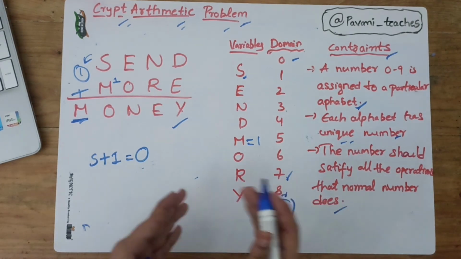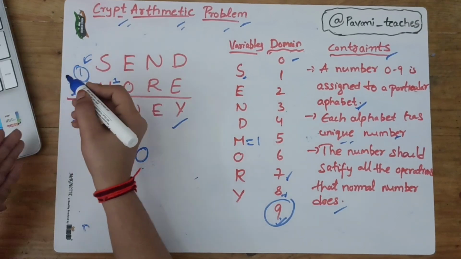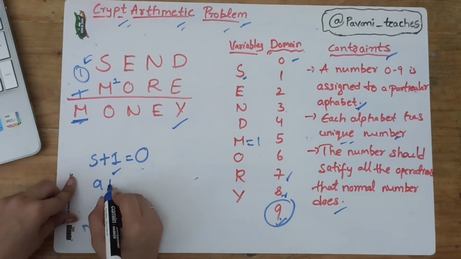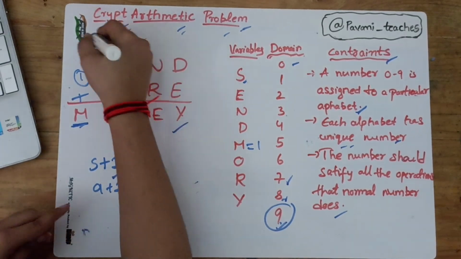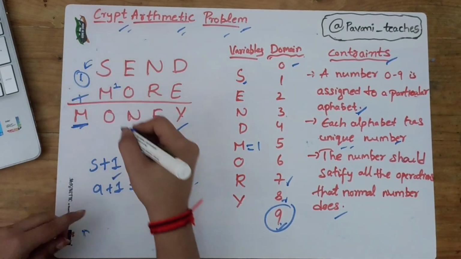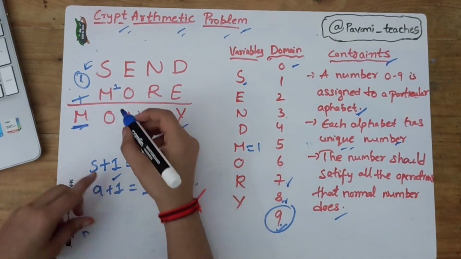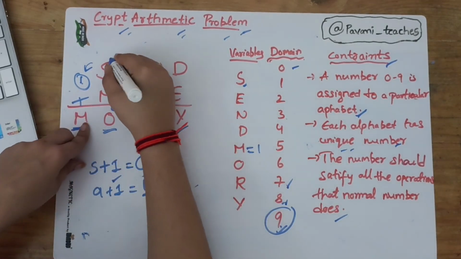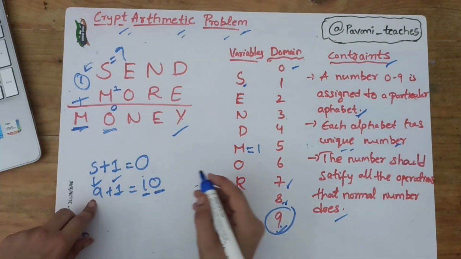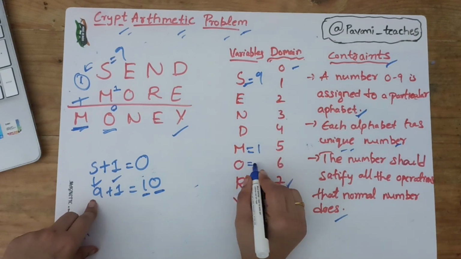Only by adding 9 with 1, we will get a carry of 1. That means 9 plus 1 equal to 10. As we are getting a carry, we write it here and write this 0 to the O. So we got the value of O here and also the value of S as 9. S is 9 and O is 0.